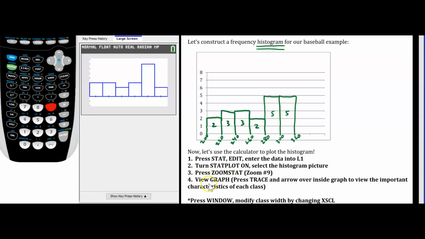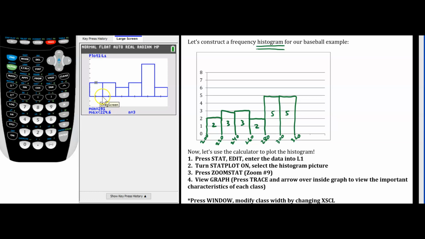You'll notice here that I said you can view the graph, and then you can press the trace button and arrow over to view the important characteristics of each class. And so if I press Trace at the top, you can see that they started the first class at 201, and then they went up to 224.6, somewhere in there.